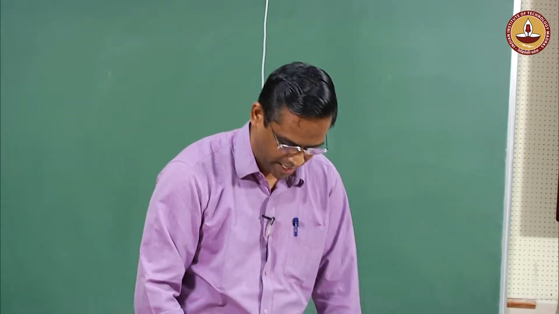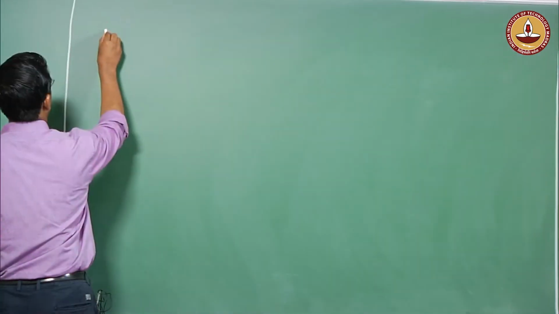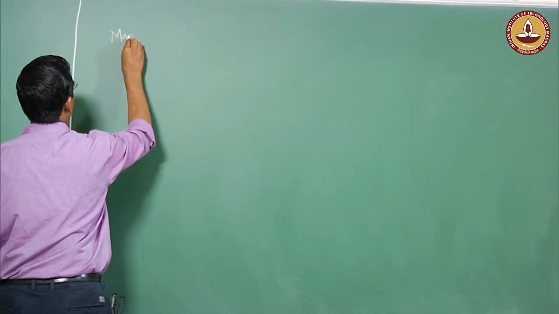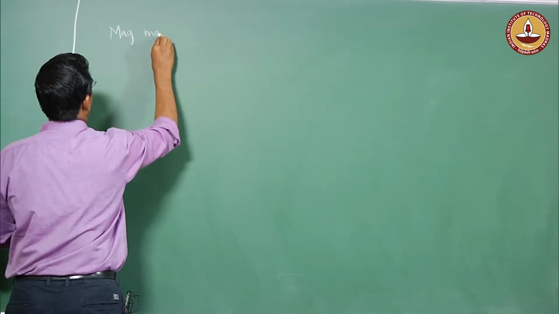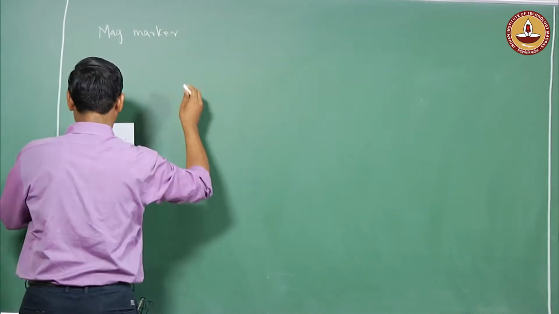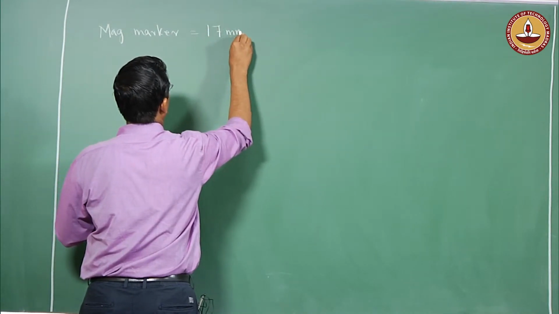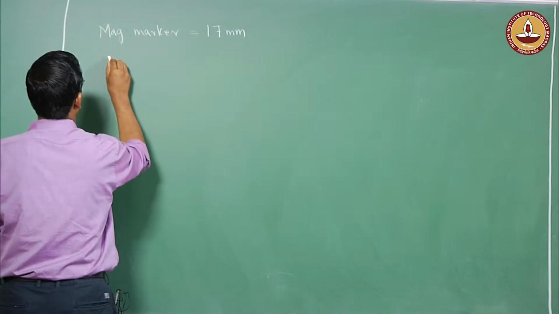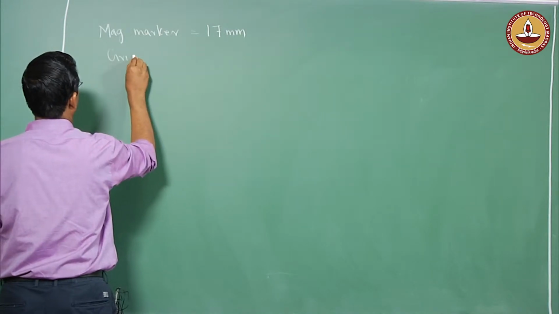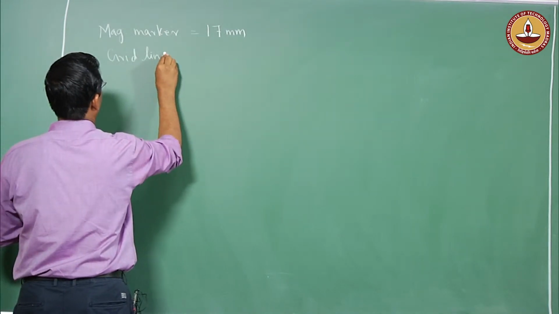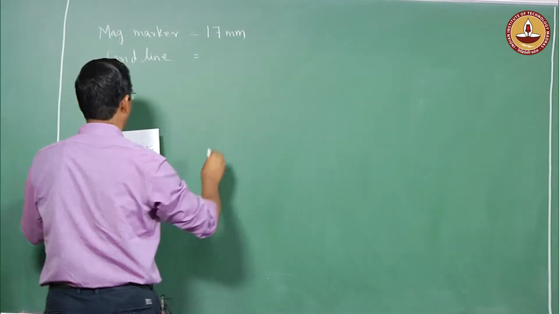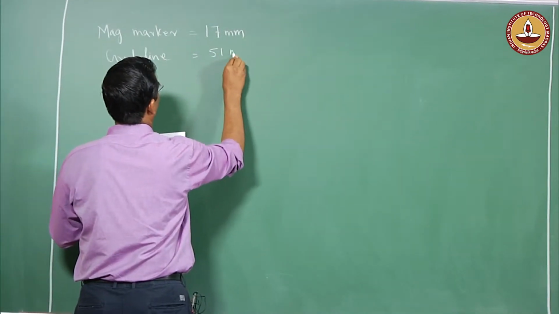So, let us write all those things on the blackboard. This is the magnification marker, it is about 17 mm. The length of the grid line is about 51 mm.